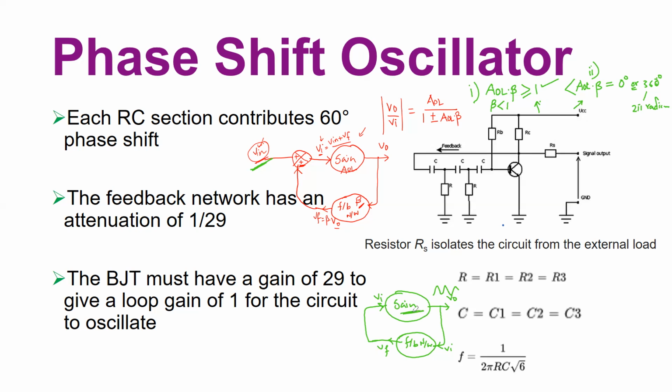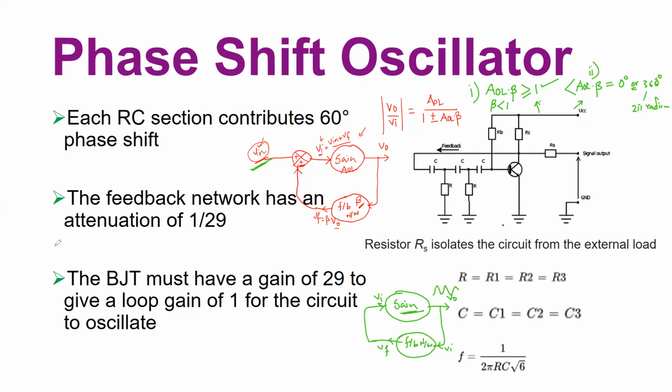And of course the phase shift around the loop is 0 degree. However, you will not have sustained oscillation, or your oscillation will start and eventually die, if your gain drops to less than 1. Of course, if the phase is not exactly 0 or 360, you don't have any oscillation.